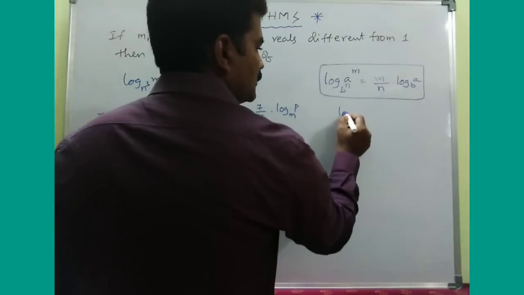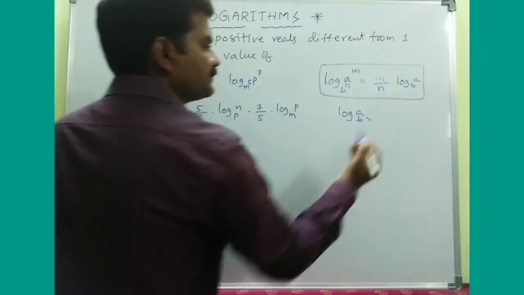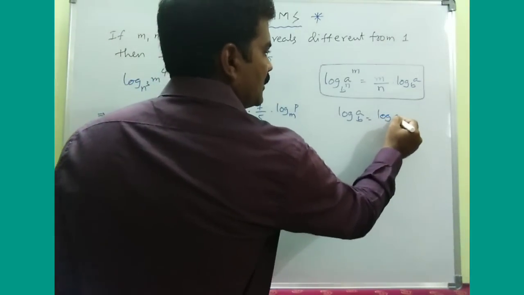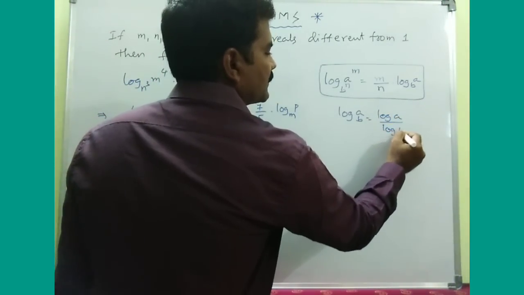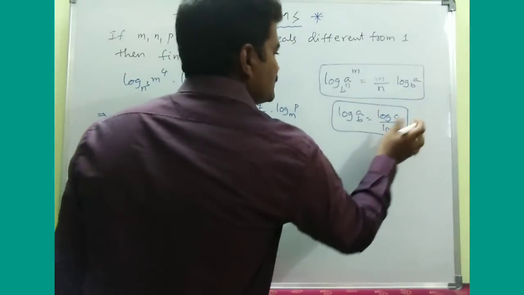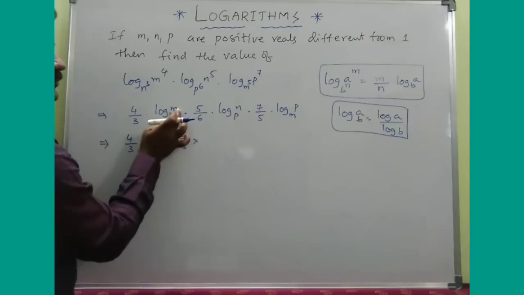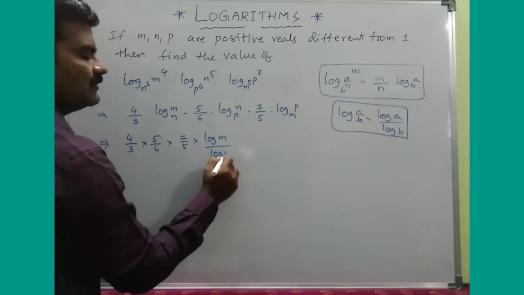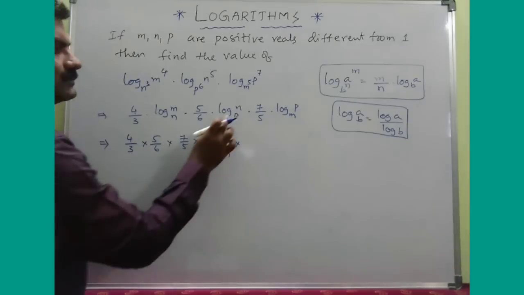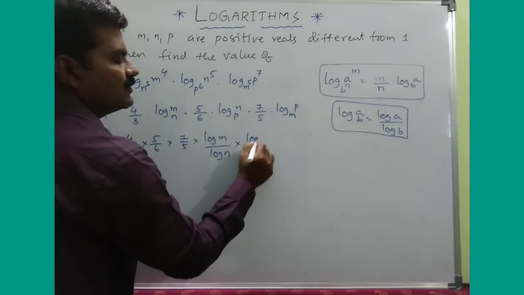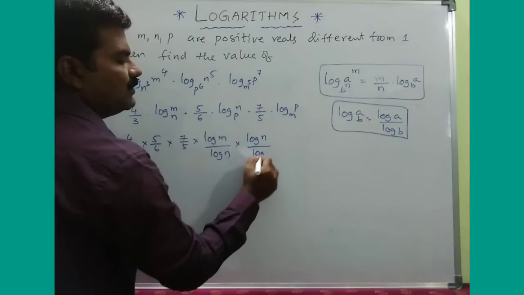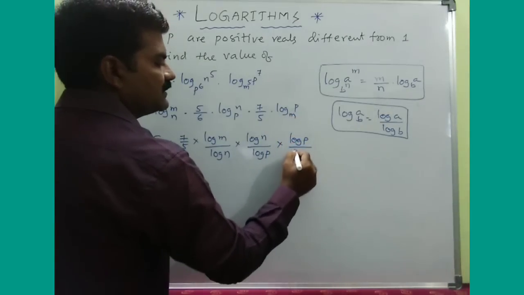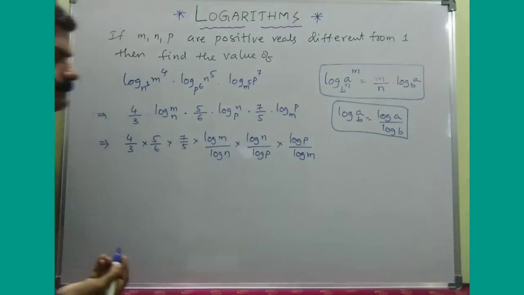Then you know how we can write log a to the base b: log a to the base b can be written as log a by log b, right? So using this result, log m to the base n can be written as log m by log n, into log n by log p, into log p by log m.